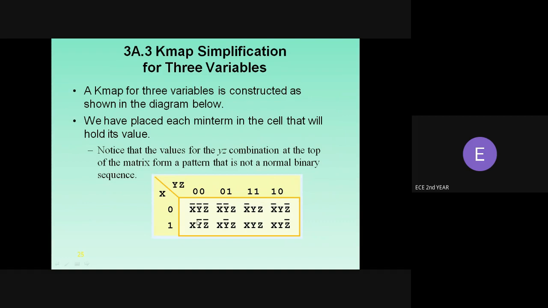And what are the possible cases of inputs? Here you see 0 0 0, that means x bar y bar z bar. And for 0 0 1, x is barred, y is barred, and z is 1, so we can write x bar y bar z. By using this KMap, we can fill the terms.